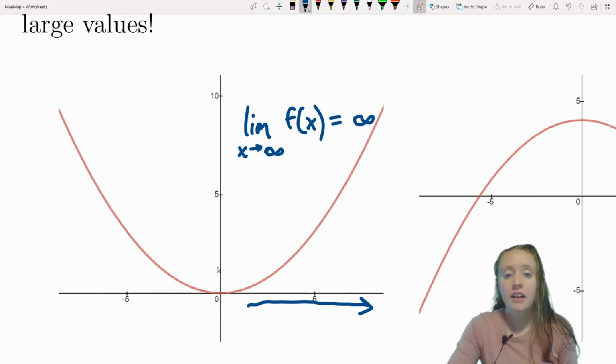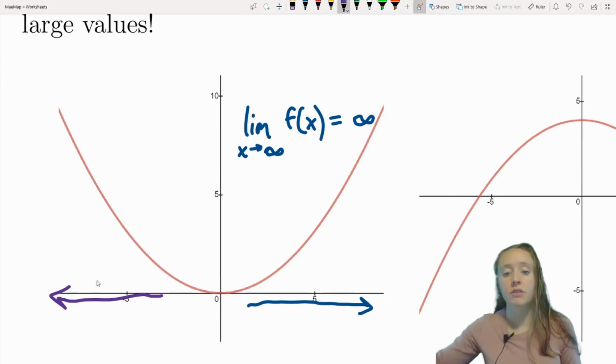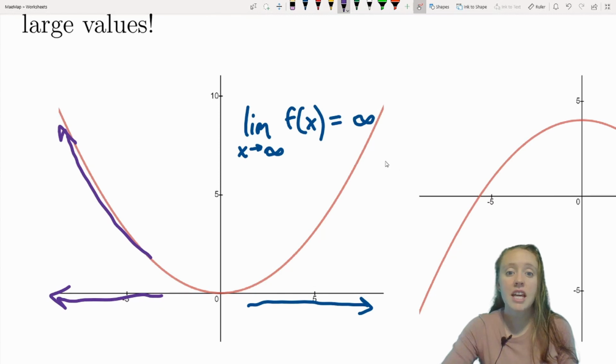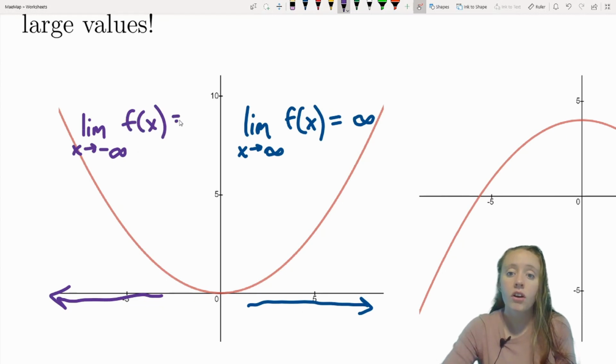Whereas here, if we look at this other side, as x approaches negative infinity, so moving to the left on our graph, our function approaches what? Same as the right-hand side, our function is going to approach positive infinity. So here, the limit as x approaches negative infinity of our function f of x also approaches infinity.